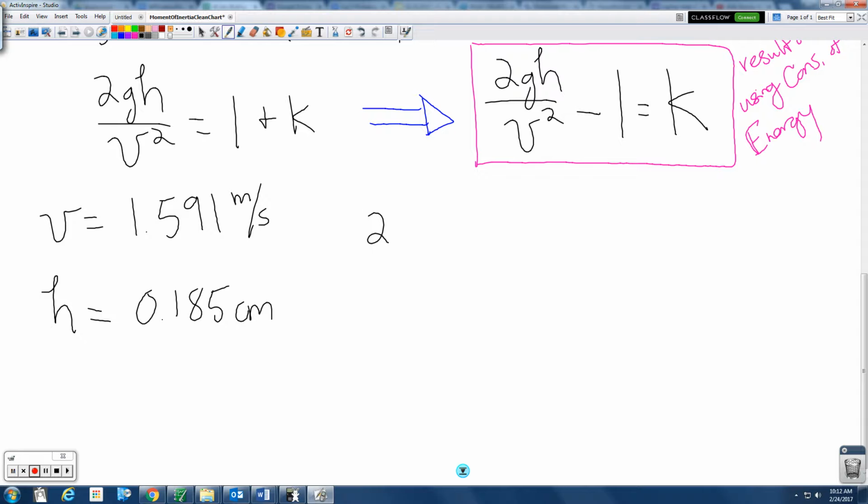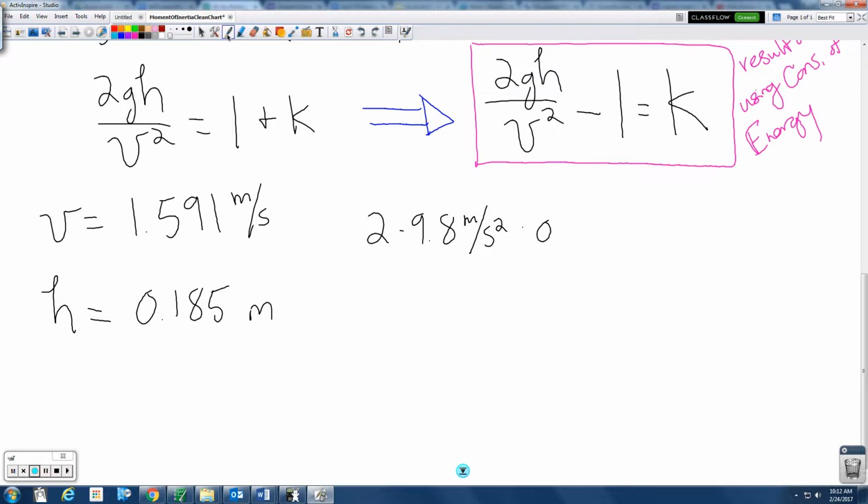So I have 2 times 9.80 meters per second squared, but h, I'm sorry, I put 0.0185 centimeters, it's meters. It's 18.5 centimeters.